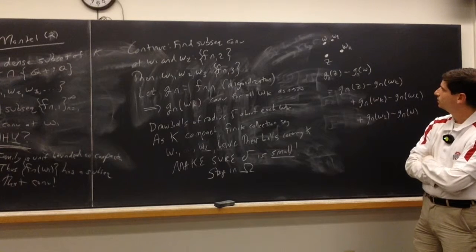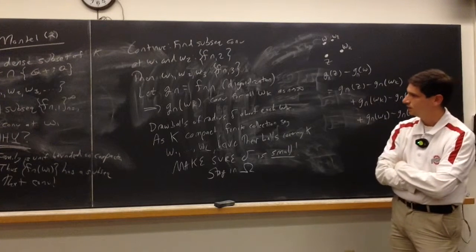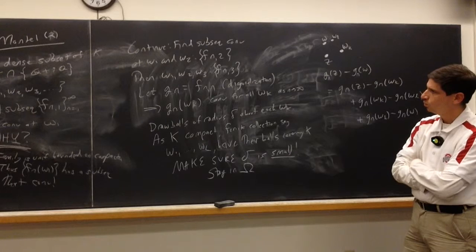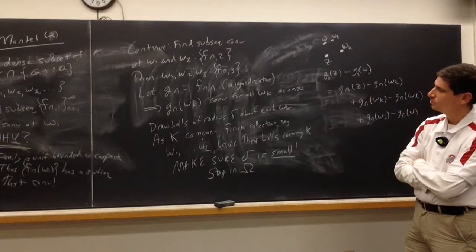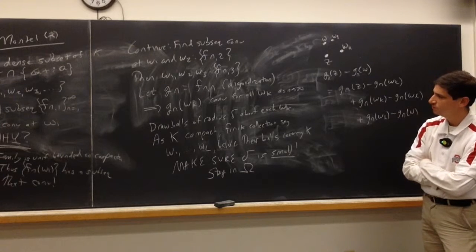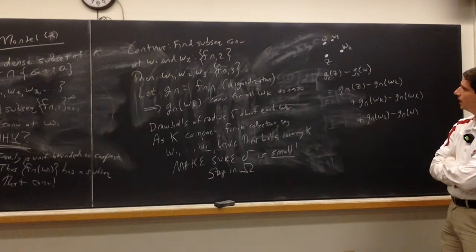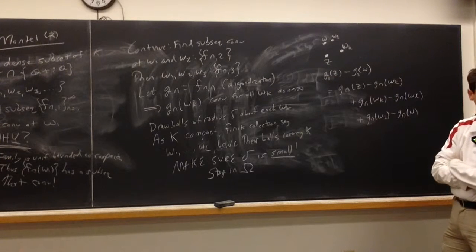Let's see. Which we're trying to show is that the function G converges at any point Z. And so I don't really know what my limit function G is.